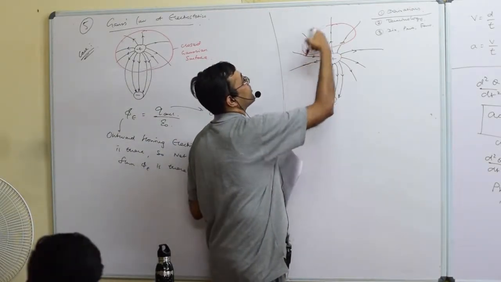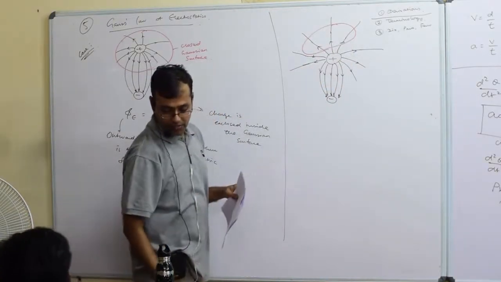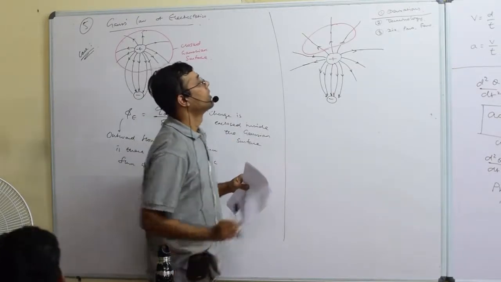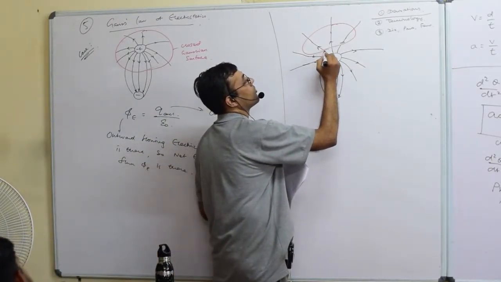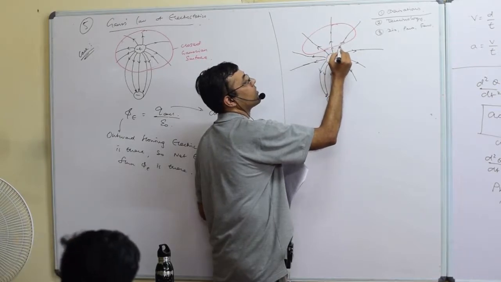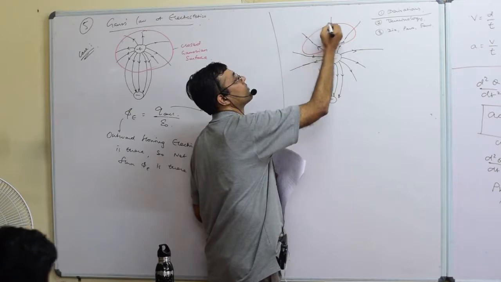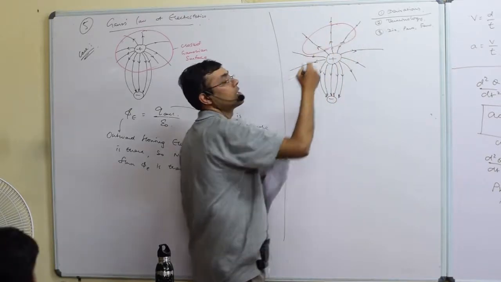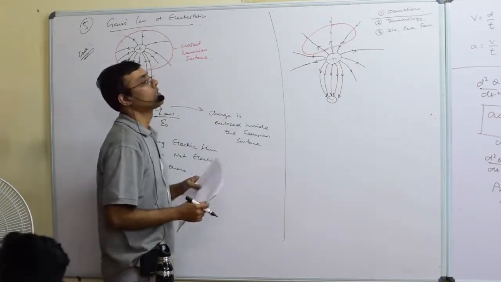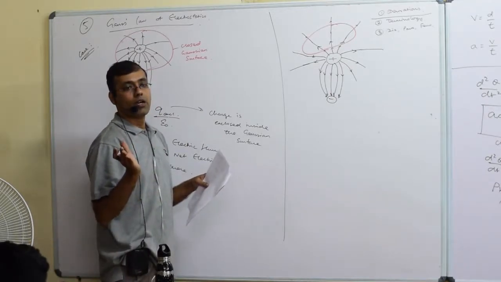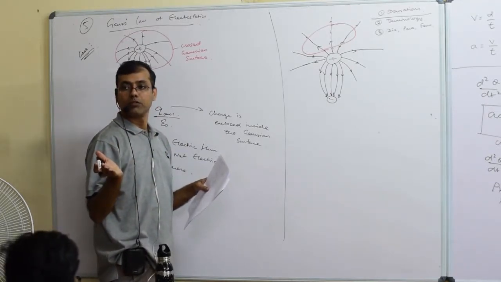So now look at this. If I take a Gaussian surface like this, again it's a closed surface like a sphere. So what can you say about this point here? The arrows are coming in or out? It's actually coming in. What can you say about this place? It's actually coming out. Okay. So the electric flux will be calculated from coming in minus going out. Okay.